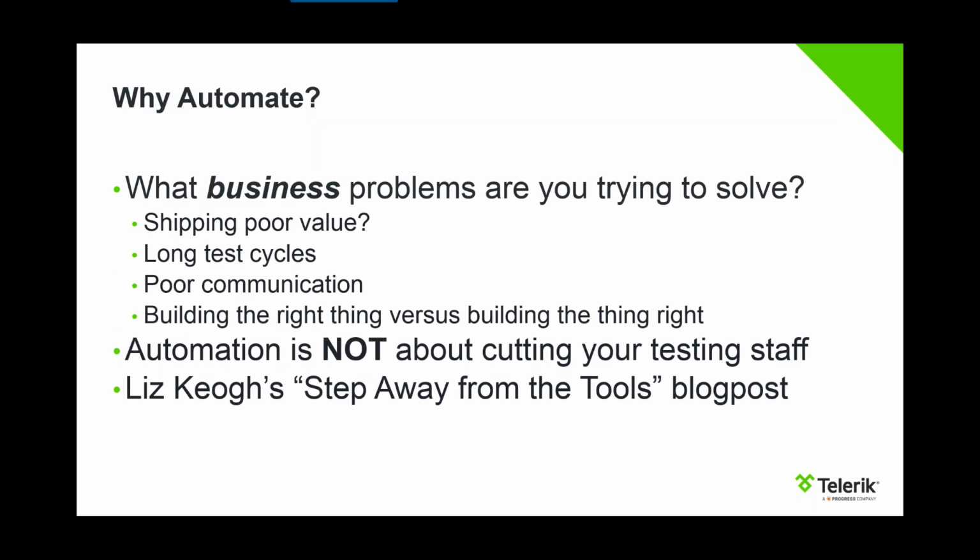And so, Dave, this is one thing that I'm sure you've struggled with as well, is that organizations kind of think automation is a magic tool, and they want to jump into automation without really trying to clarify what problems they're trying to solve.